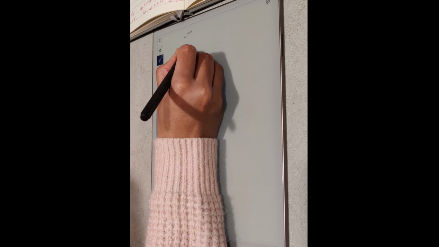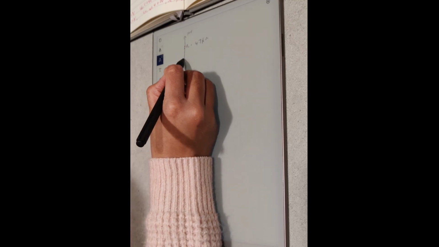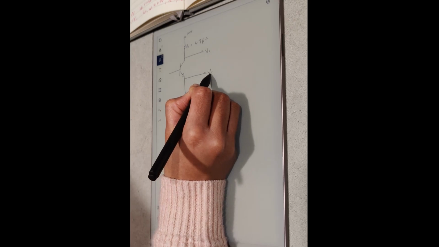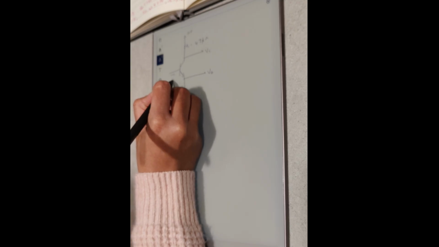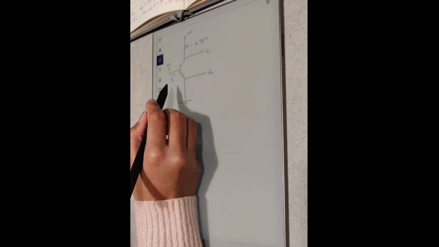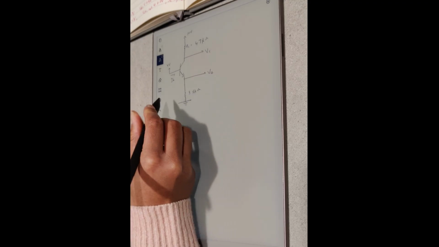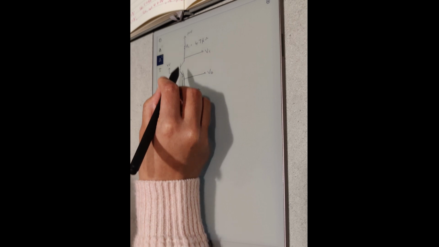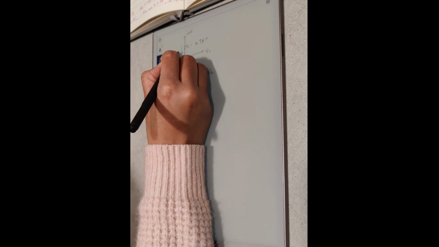This resistor is 4.7 kilo ohms, and this is my VC, this is my VE, and this is my IB, and this again is connected to the power supply, 4 volts. This is 3.3 kilo ohms, and I know the emitter current flows out of the emitter, so this is IE, and the collector current flows into the collector, so this is IC.